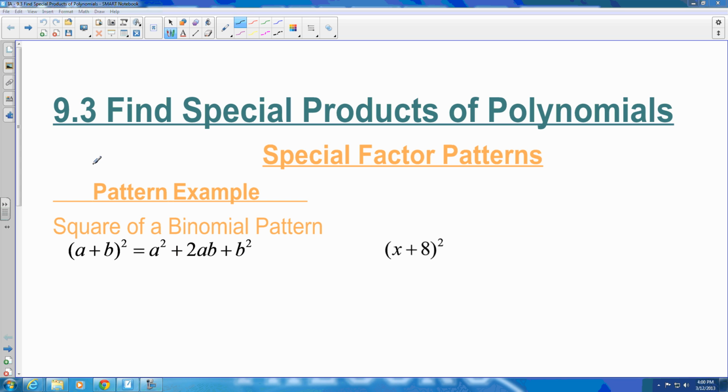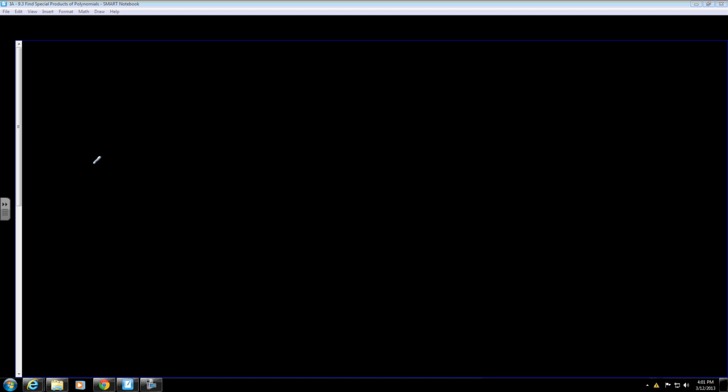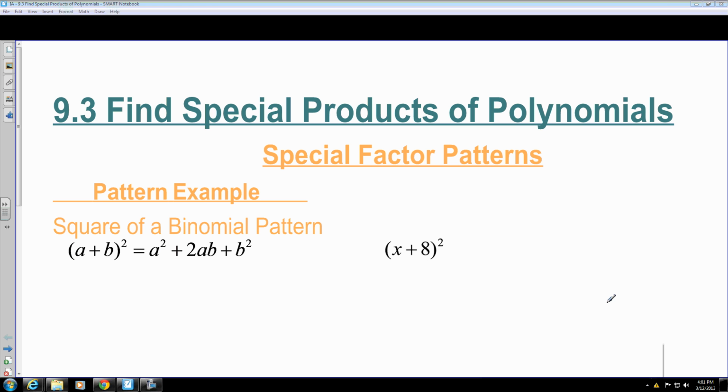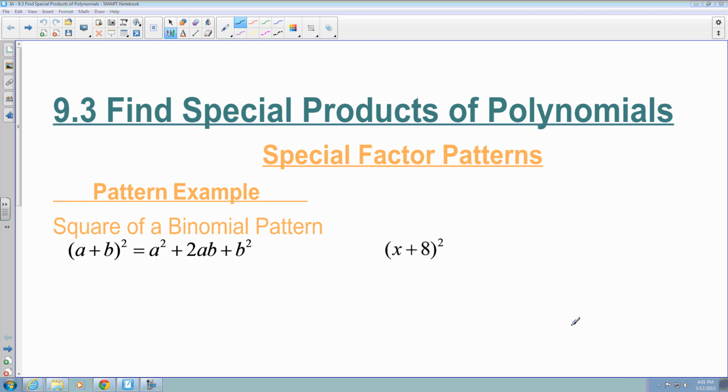Now, like I talked about in class, this is an extension of multiplying polynomials, where in some cases we have special patterns that we can detect, and instead of FOILing out the binomials, we can use these patterns to solve them. You're going to get the same solution, so it's just a matter of your preference in how you solve.